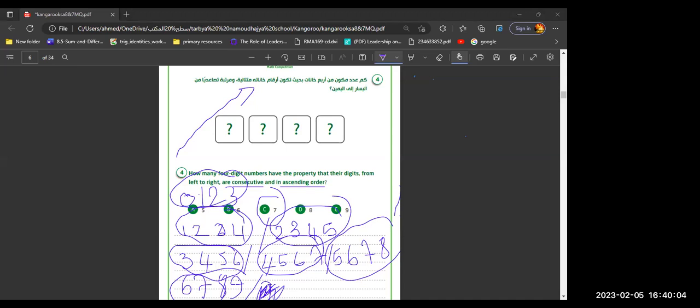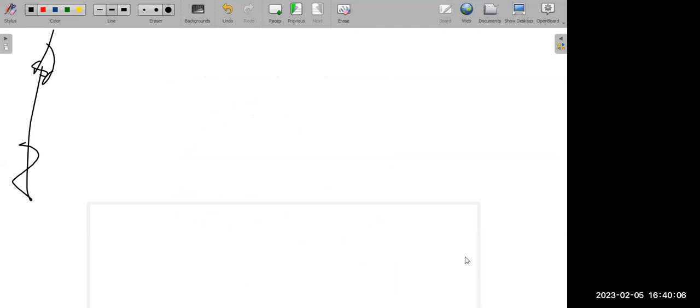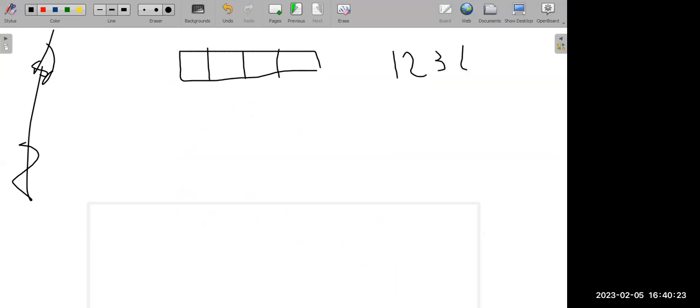All right. Look, guys. The question is the following. We need to write the combinations of 4 numbers or 4 digits that are consecutive numbers. What are consecutive numbers? Consecutive numbers are numbers next to each other, going from left to right in order: 1, 2, 3, 4, 5, 6, 7, 8, 9.